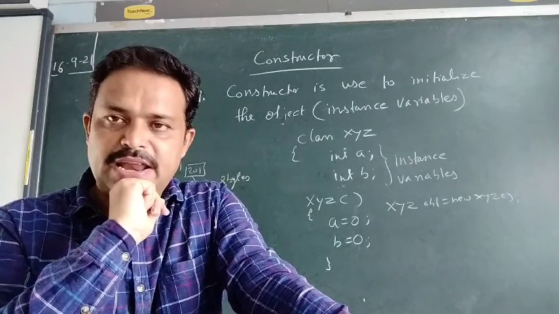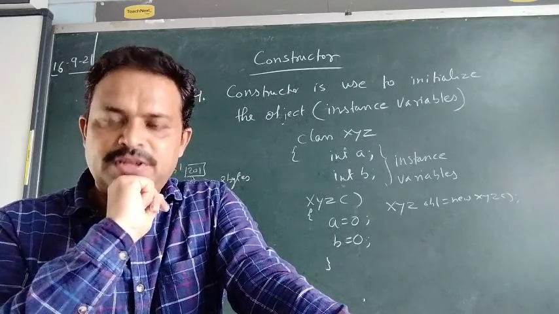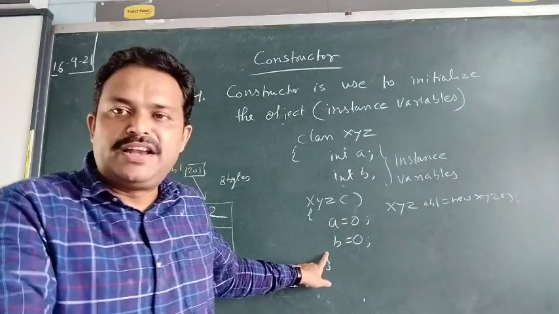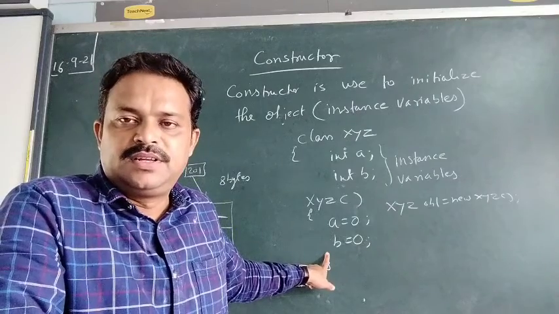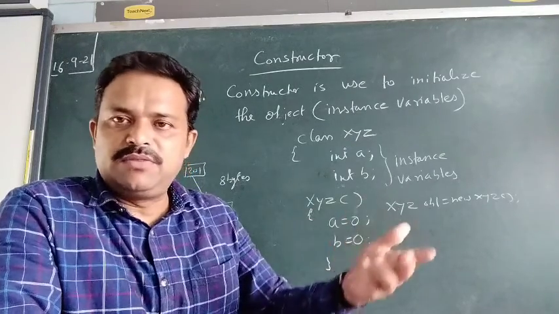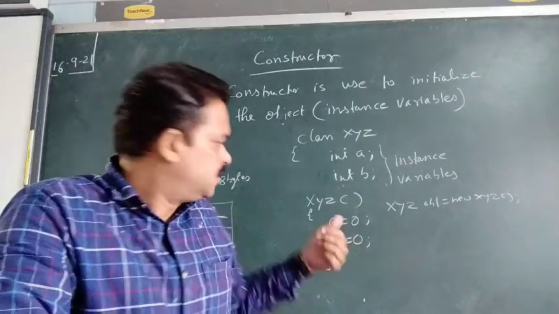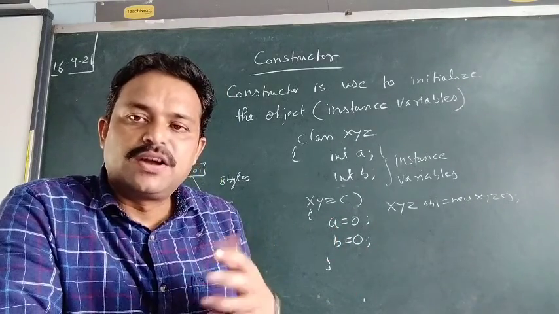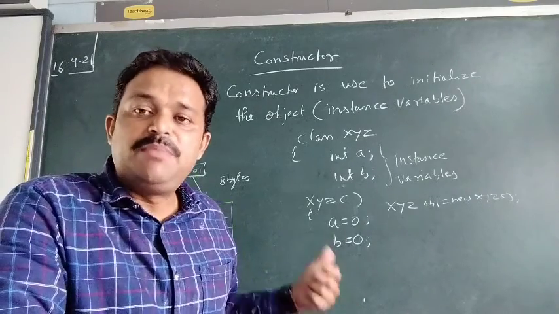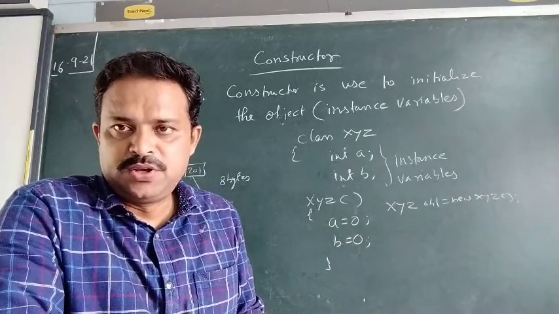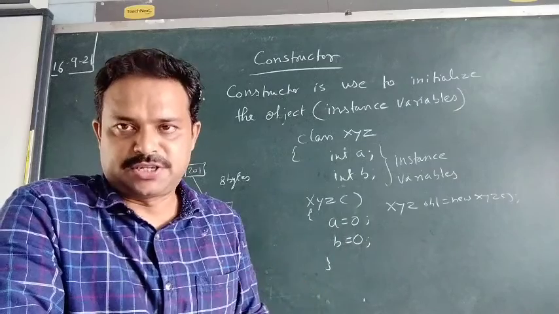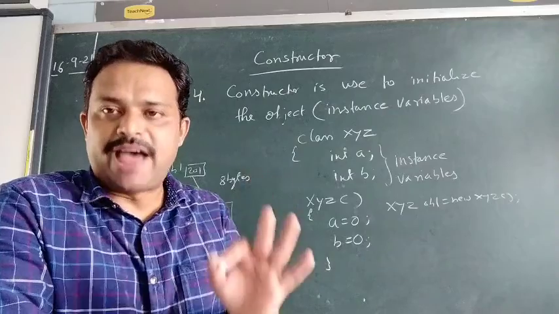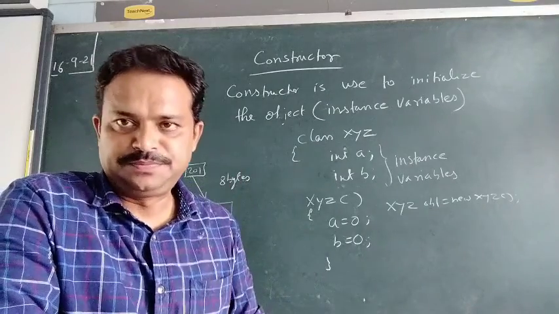The answer is so that this variable should not contain any garbage value. I know the system will initialize this variable, but we have a doubt that this variable may take some garbage value. So we make the constructor so that we can initialize the instance variable with a legal value. That is why we make the constructor.